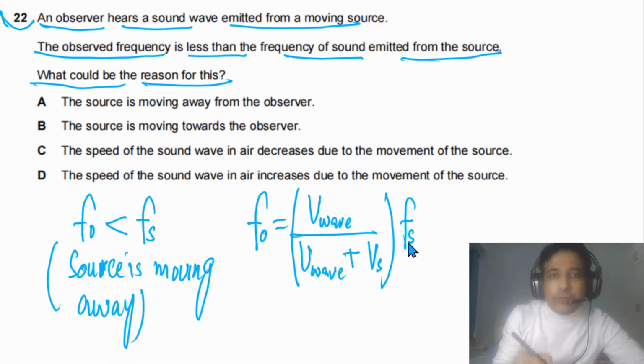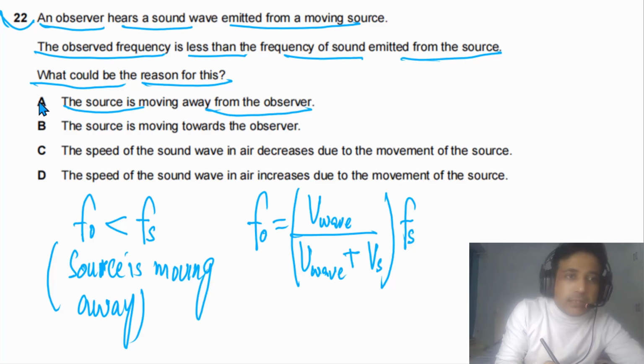So in this case, frequency is lower. It simply means that source is moving away from stationary observer. If you look at option A, it is given to us the source is moving away from the observer. Yes, this is correct. If you look at option B, source is moving towards, this is wrong.